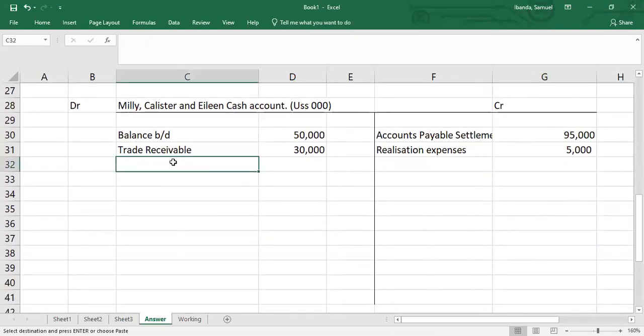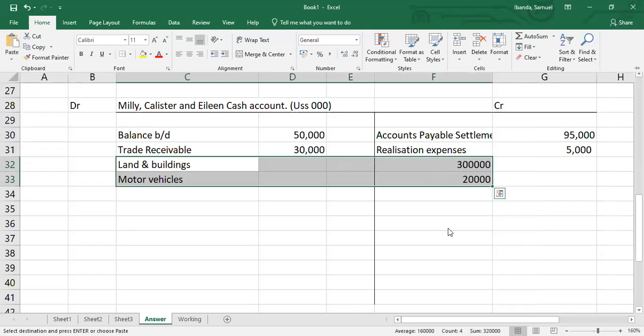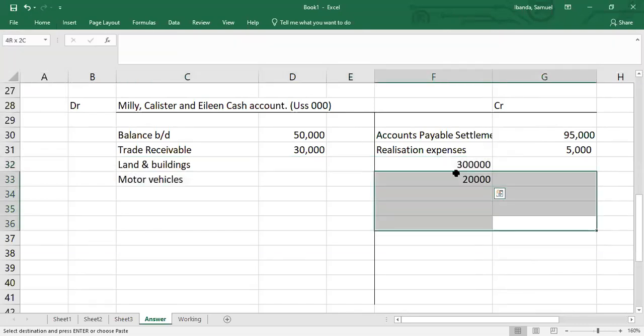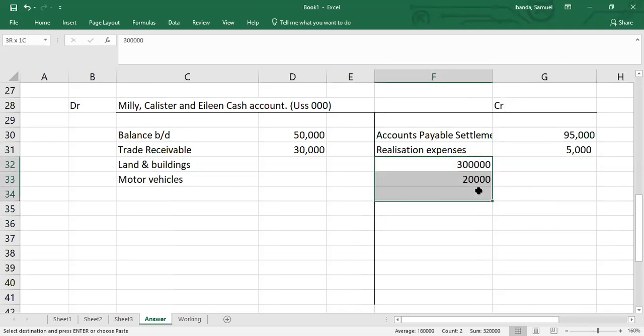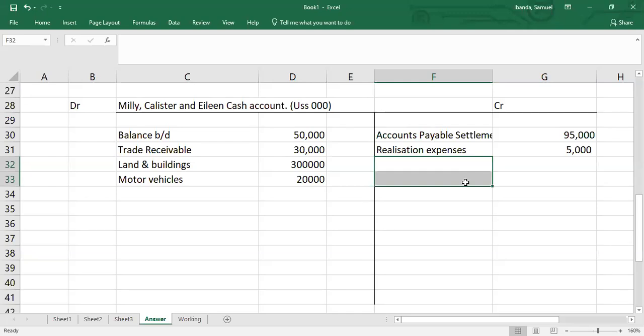So I'll just come here and debit my account with how much. With these 5 figures, let me just pick them and bring them here. So that is what I would basically do right there.